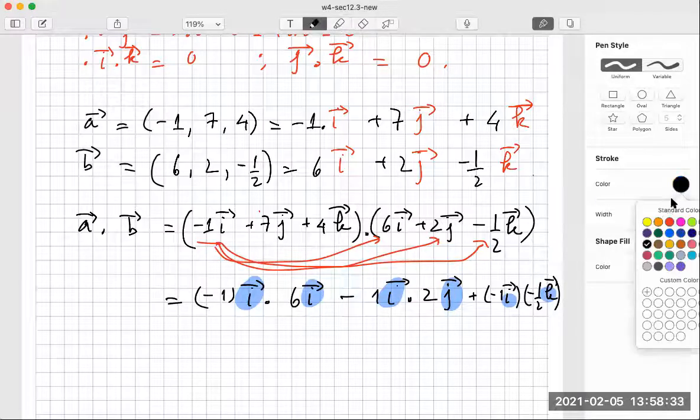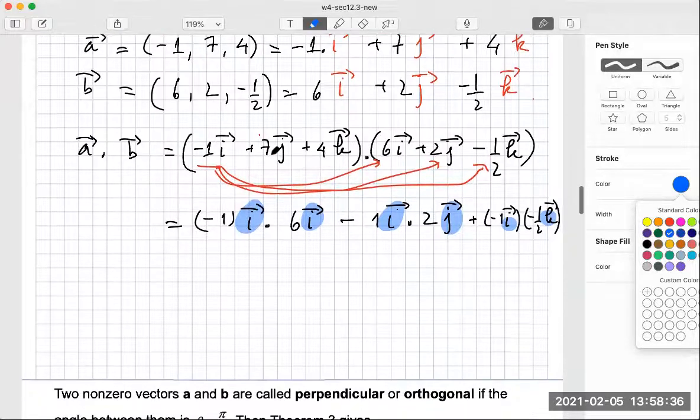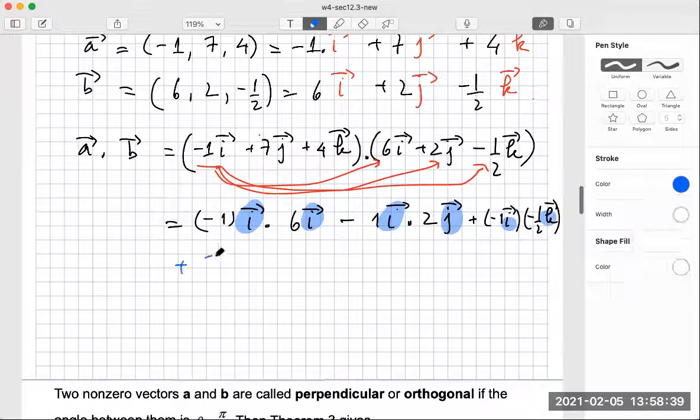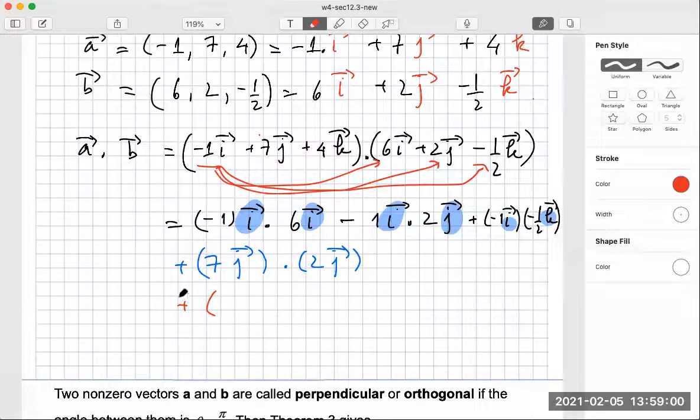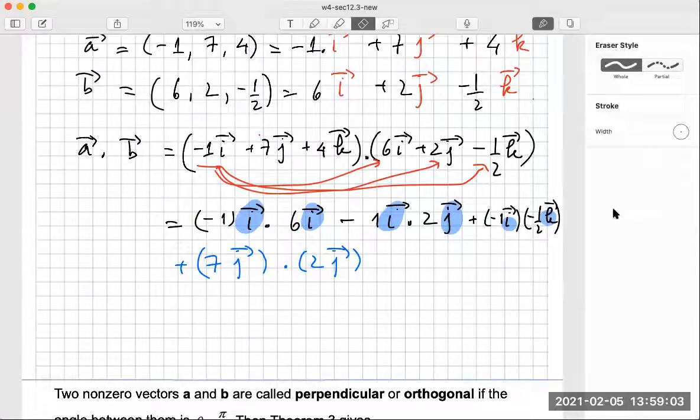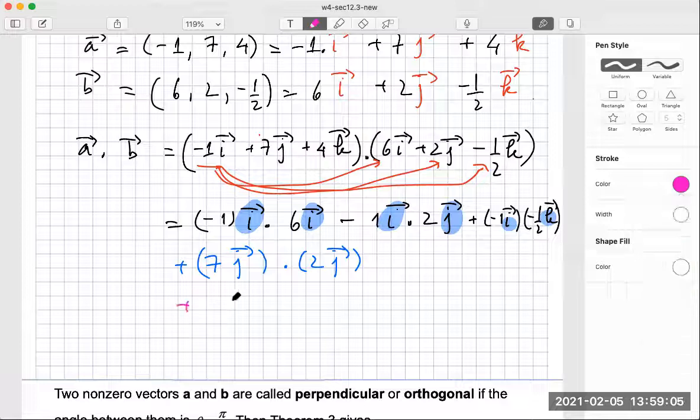The same properties will be applied to the second terms. 7j, and j multiplied with i will be 0, so we don't have to write it. Let us just count the product, where 7j times 2j here, right? And the last one, the k component, and negative 1/2 k, right?